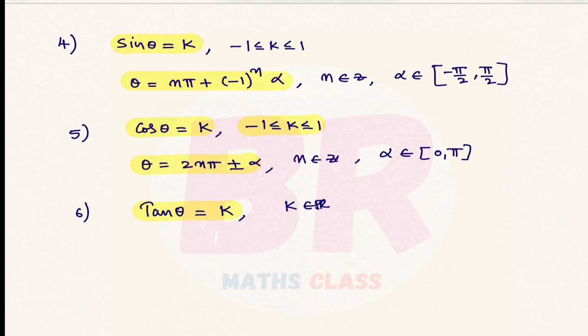Similarly, the general solution for tan theta equal to k, here k can be any real number, is n pi plus alpha. Here n is an integer and alpha is an angle lying between minus pi by 2 and plus pi by 2. So the general solution for tan theta equal to k is theta equal to n pi plus alpha.